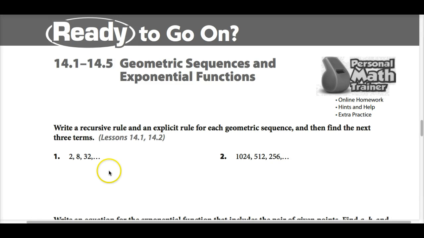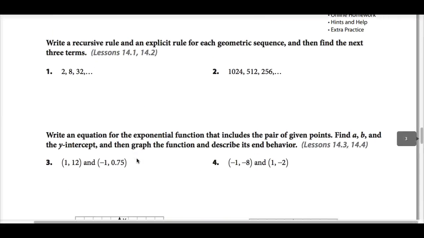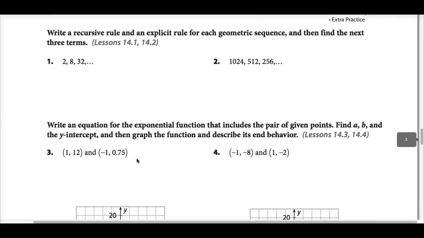So there you go. Here's the first question. I'm just going to go ahead and do number 1 for you. This is 2 sections combined together. What does it say? Write a recursive rule and an explicit rule, and then find the next 3 terms. Okay, so what are we multiplying by over here? 4. And 4 again. Oh, you're going to be like, Miss Choi, you did the easier one.